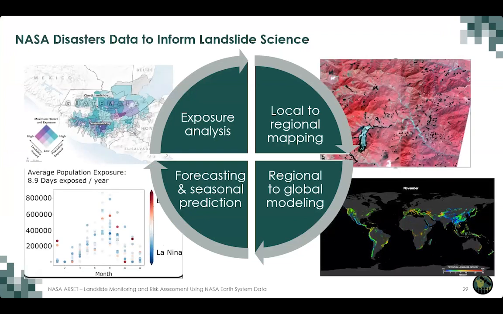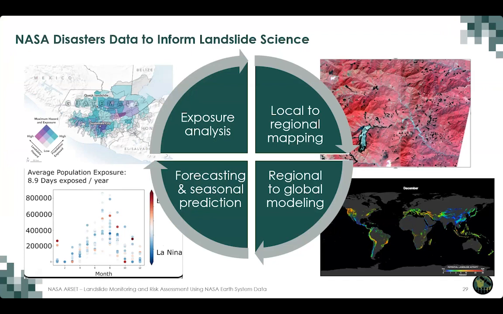And so there's all kinds of different satellite data that can be used to inform this, and we'll talk a little bit more about each of these over the course of the training. But just to quickly highlight mapping: on the top right, you can see landslides being mapped using satellite imagery. The bottom right shows an estimate of the changing hazard associated with landslides every month around the world.